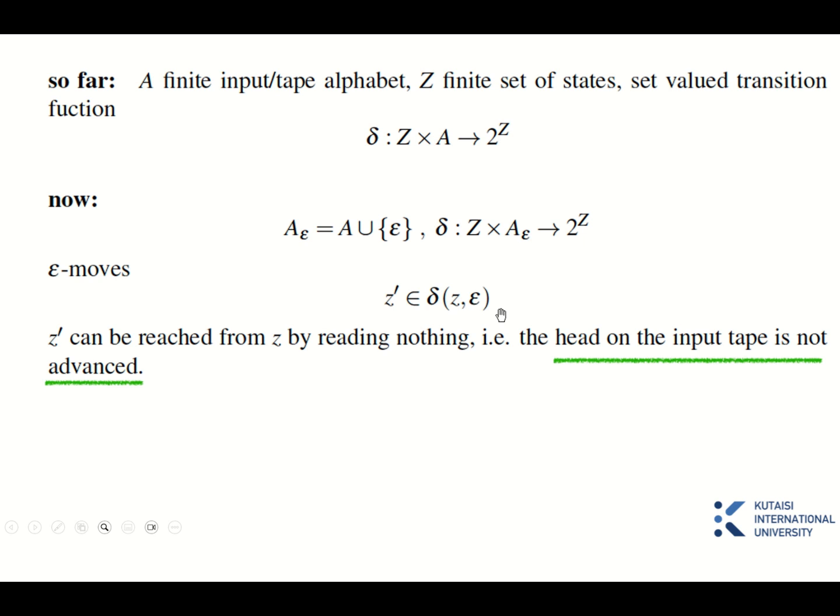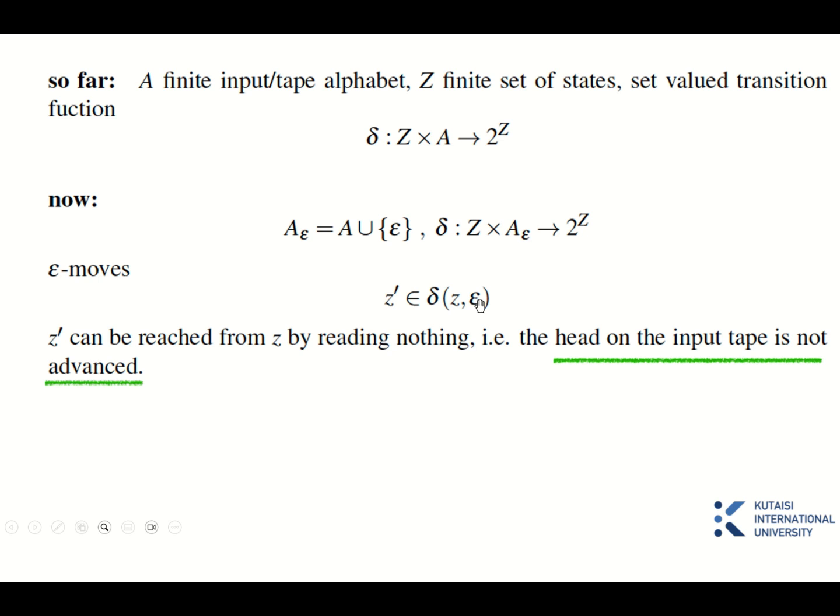Delta of Z, epsilon means all possible states where I can go by reading nothing. So if my state is Z and a bunch of epsilons come out to many different states, then I can spontaneously jump to those states without reading anything.